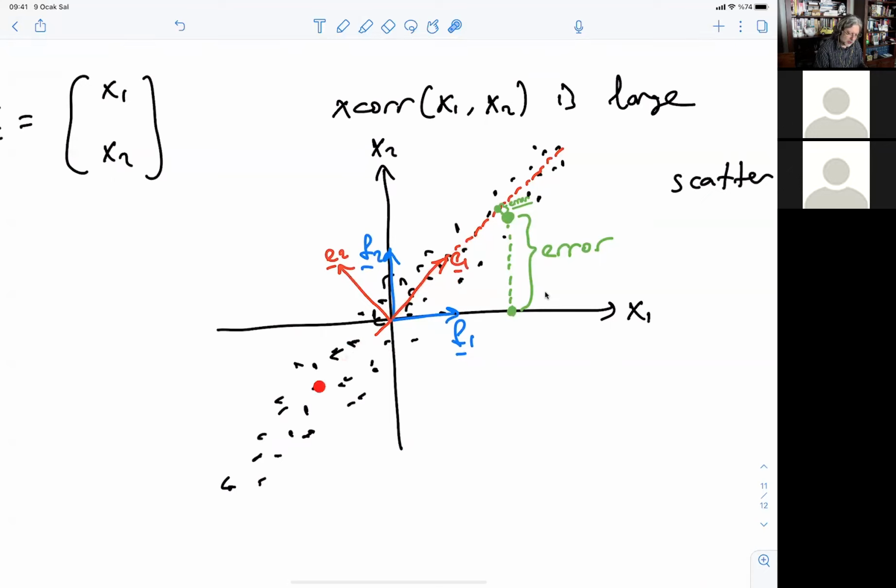They are strongly correlated. So if you have this pixel, for example, you have to compare the error between this size and this size. Or if you pick this point, of course, you must extend this axis. You have to compare this much error to this much error, which is projection onto this 45 degrees line.